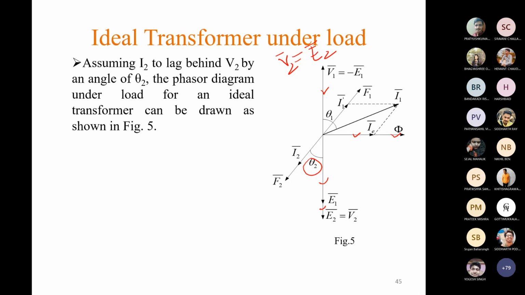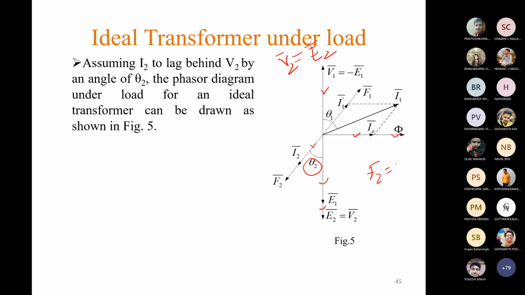Now for loaded condition, we have to write E2 equals V2, and then we have to draw V2, I2 lagging V2 by an angle of theta 2. So this phasor, and F2 is the secondary MMF, which is equal to N2 I2.